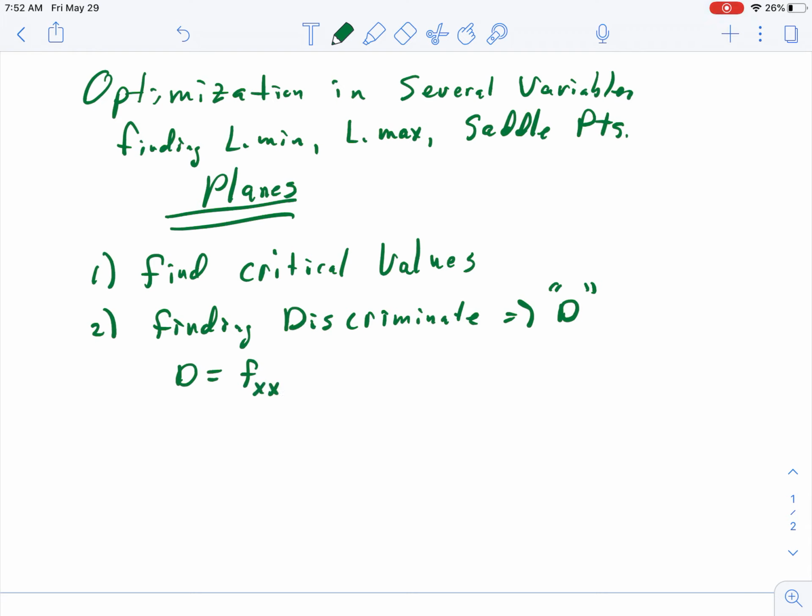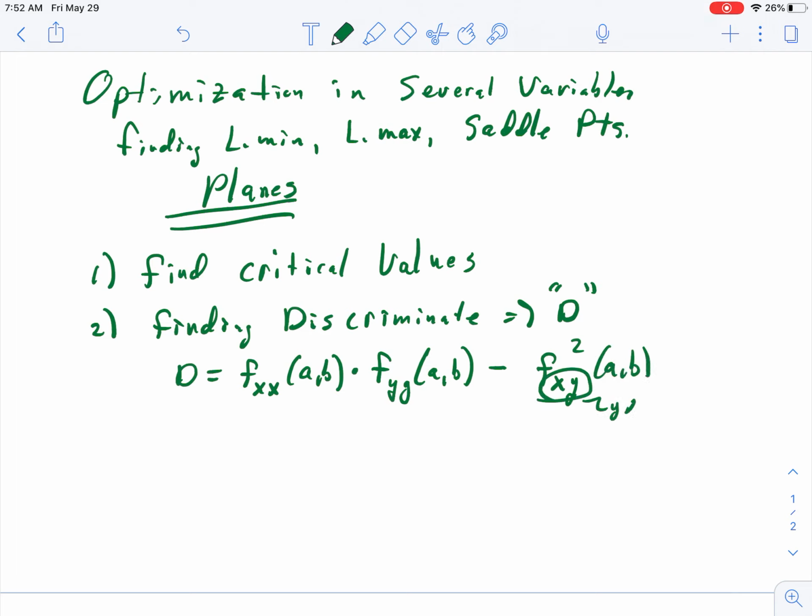So the discriminant is the second partial derivative of f with respect to x, f_xx, times the second partial derivative with respect to y, f_yy, minus f_xy squared.